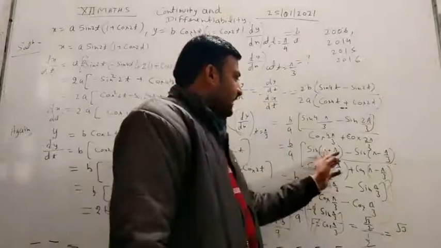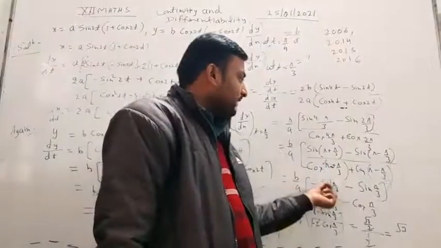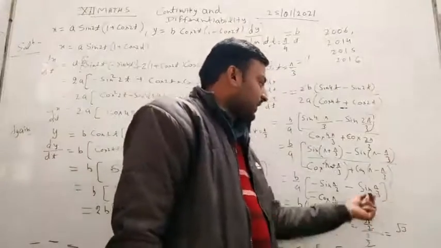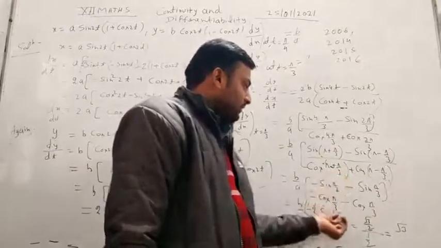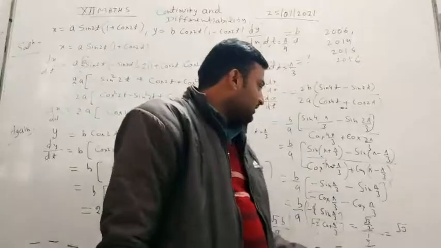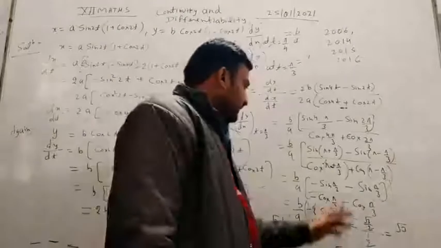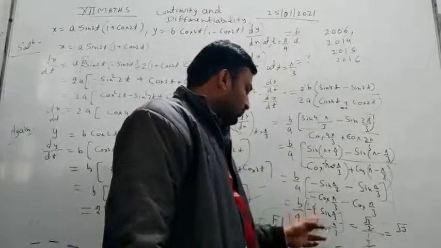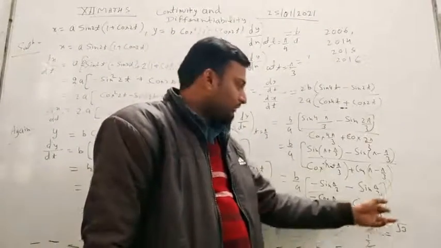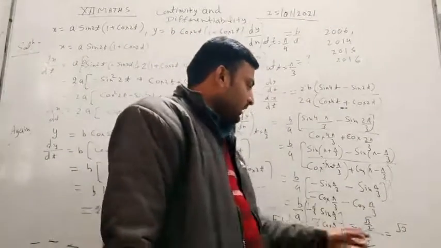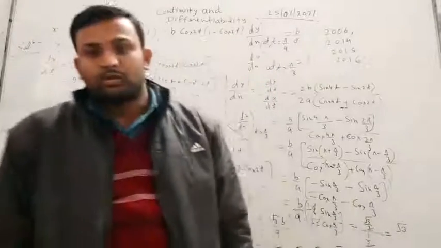Okay, now sin pi plus theta is minus sin theta, sin pi minus theta is sin theta, cos pi plus theta is minus cos theta, cos pi minus theta is minus cos theta, and this is 2 times, so we write minus 2, this will be cancelled, and sin pi by 3 is sin 60, so we get the value root 3 by 2 and 1 by 2, so this is root 3.